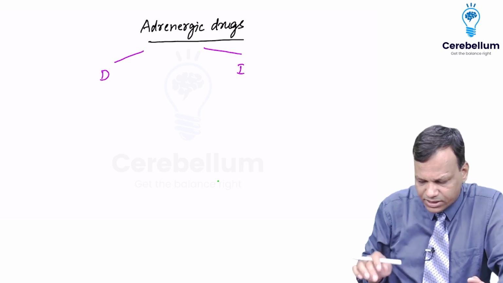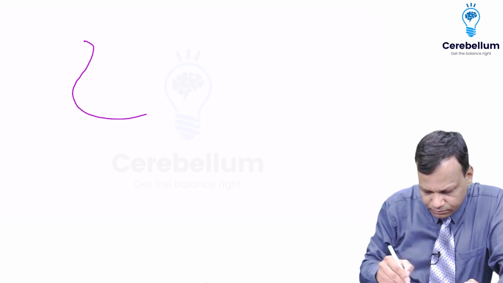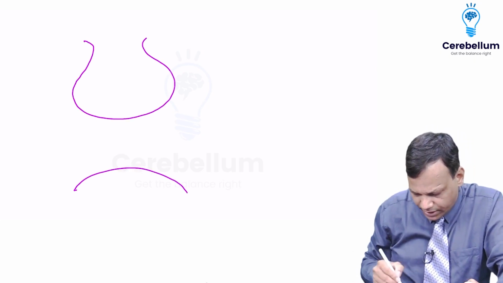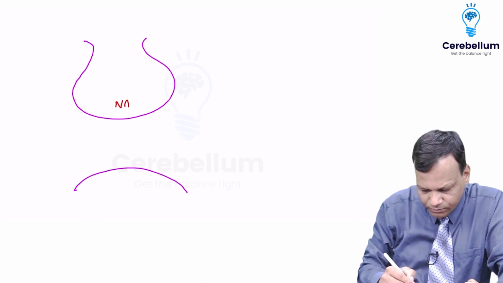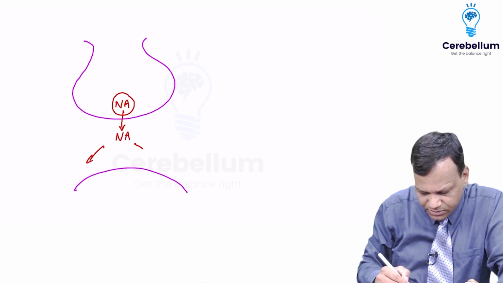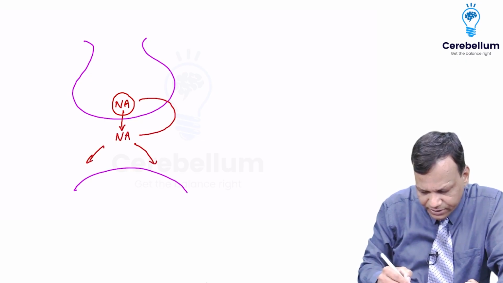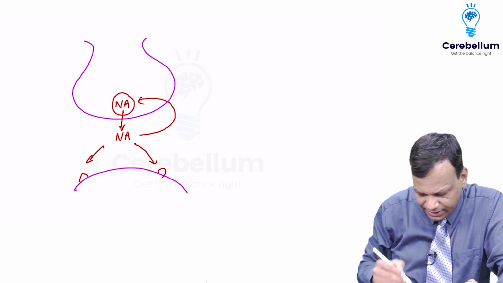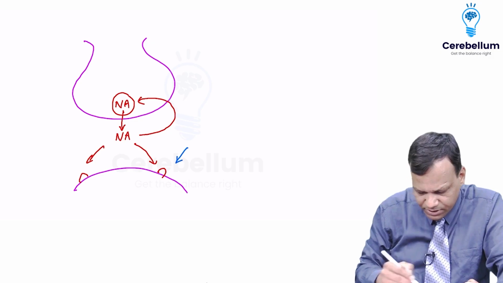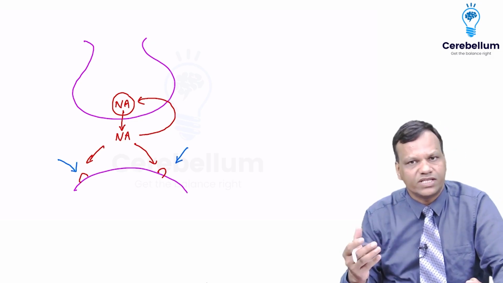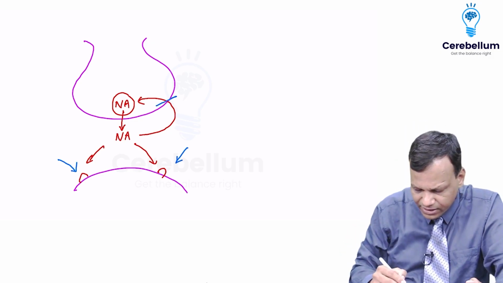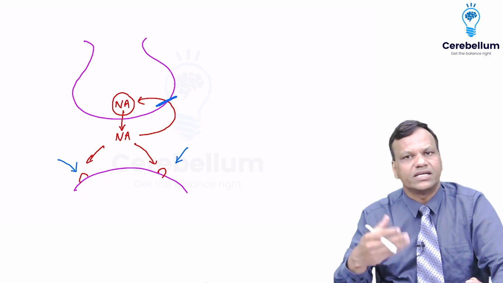If you remember the diagram, we know noradrenaline is produced and stored here. When the nerve impulse comes, it is released and works on the receptors. After that, it is reuptaken. Okay. So directly acting drugs are those which act directly on any of these receptors, and indirectly acting drugs are those which act by inhibiting the reuptake.